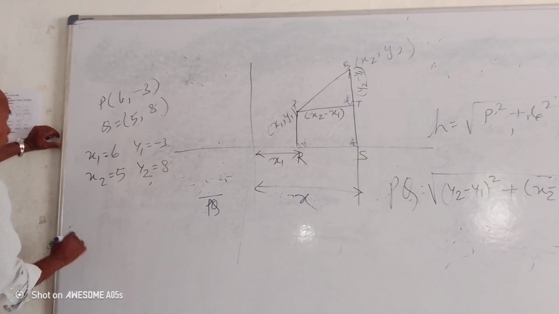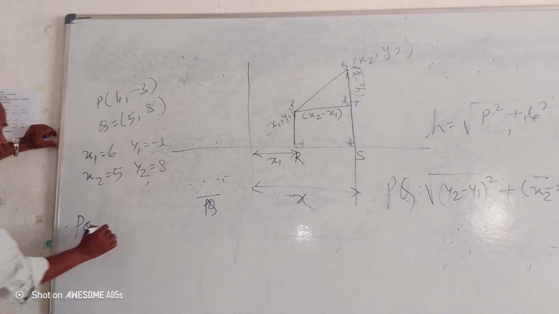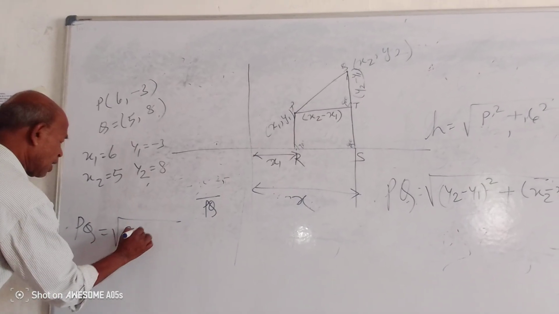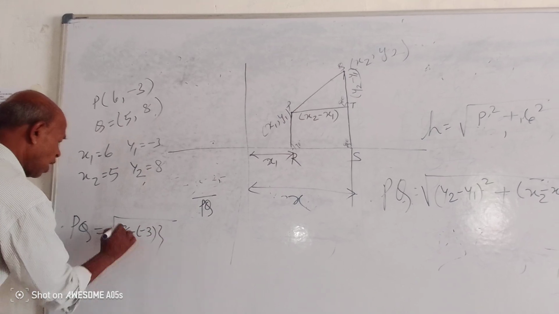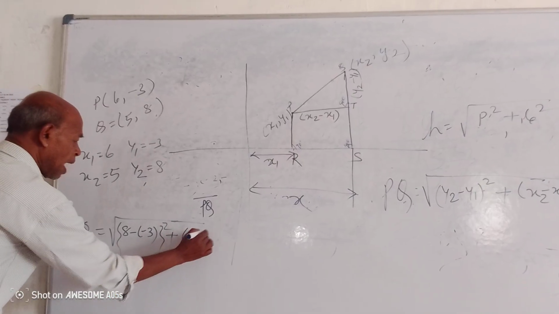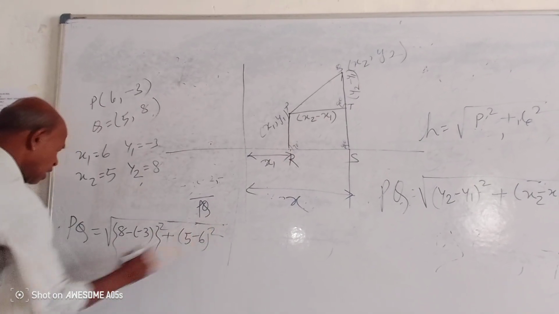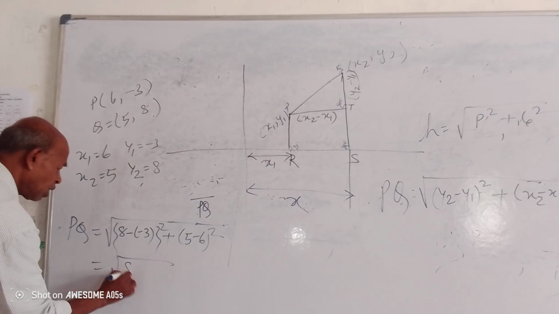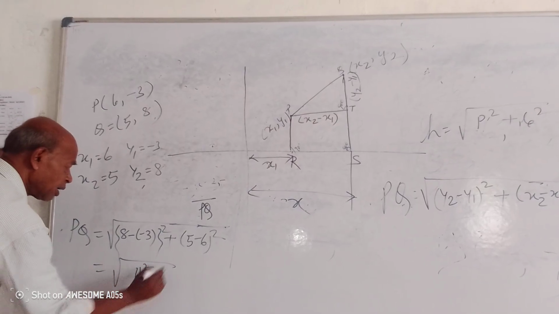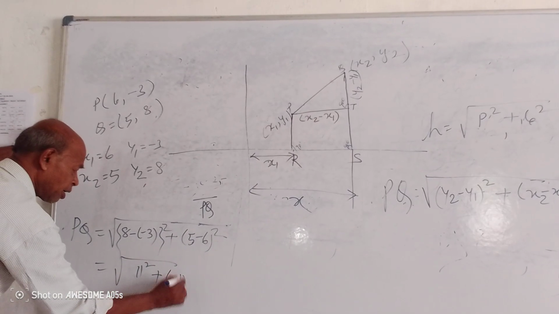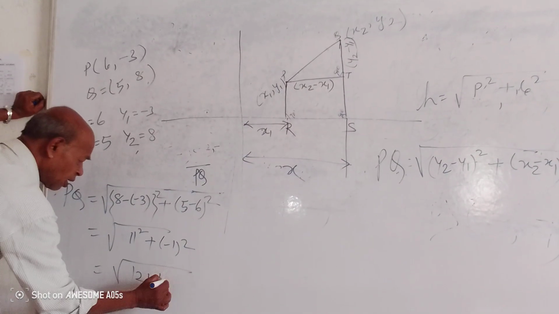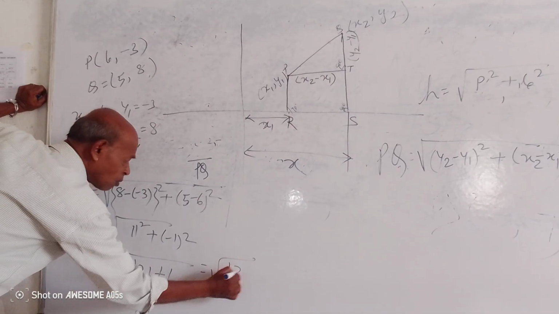Now according to the formula, PQ will be the square root of (y2 minus y1) whole squared, (8 plus 3) squared, plus (x2 minus x1) squared, (5 minus 6) squared. So 8 plus 3 is 11, 11 squared is 121, and (-1) squared is 1. So this is the square root of 122.